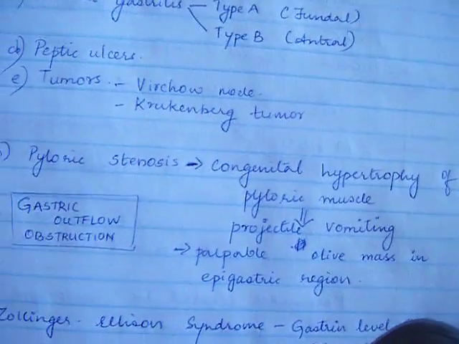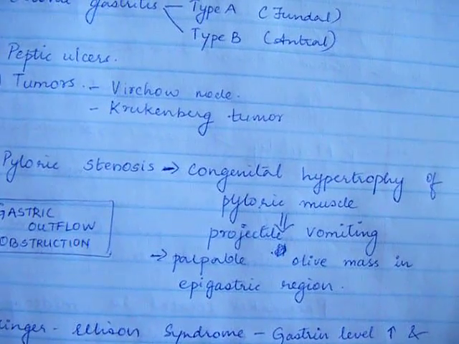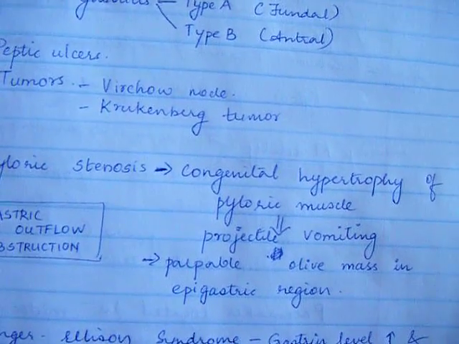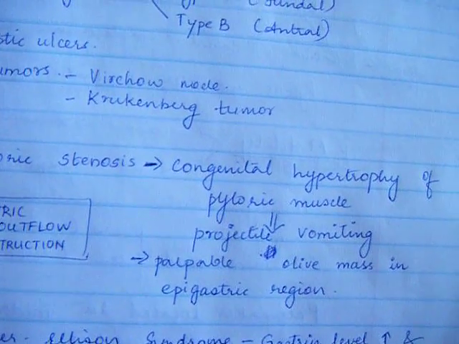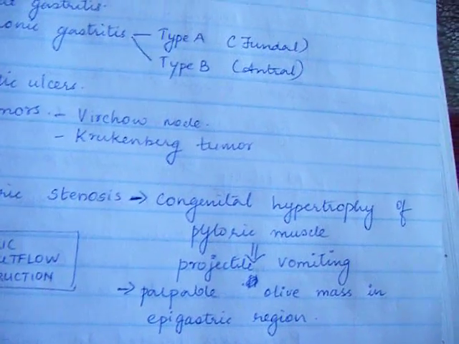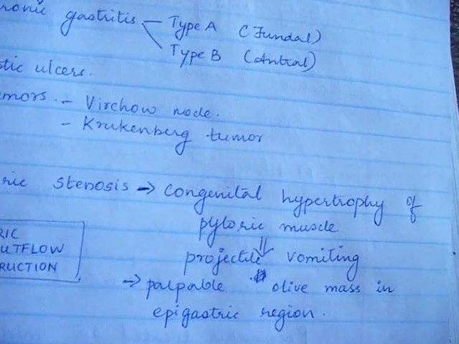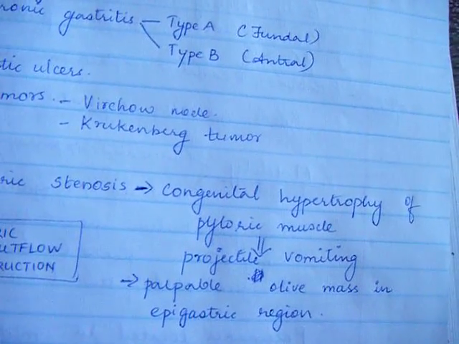And the pyloric stenosis is a congenital hypertrophy of the pyloric muscle. So it is present at birth and it has a hypertrophy. The pyloric muscle is hypertrophied. Hypertrophy means the muscle is growing. That is, the pyloric muscle cells grow rapidly and there is an increase in size of the muscle.